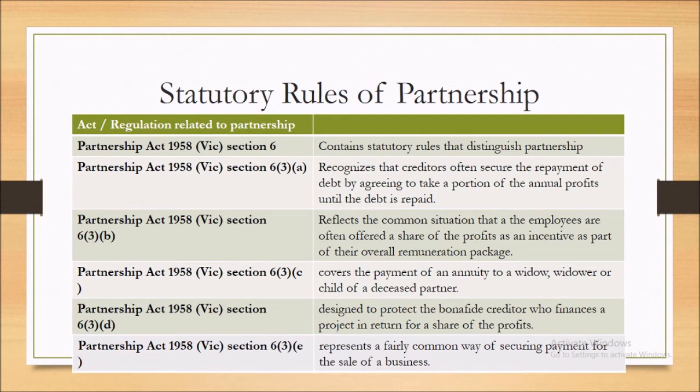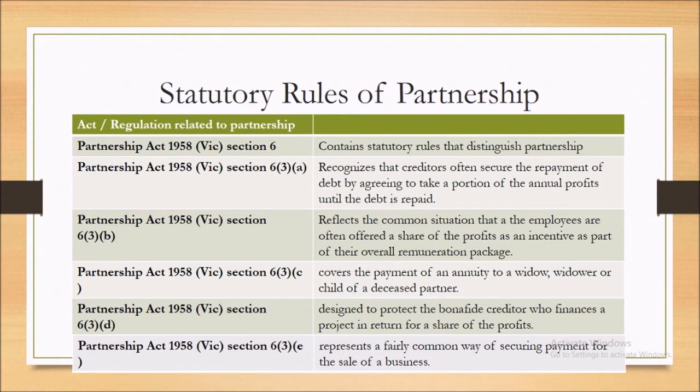And then Section 6(3)(b) reflects the common situation that employees are often offered a share of profits, right? If you have heard, some partnerships or even some companies share some of the profits with their employees as an incentive, to appreciate their contribution to earning that profit, right? In that case, in partnerships, the employees might be seen as partners of the business as they are rewarded with a profit portion.